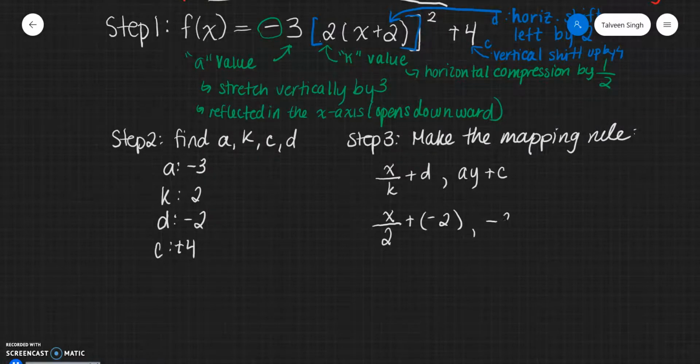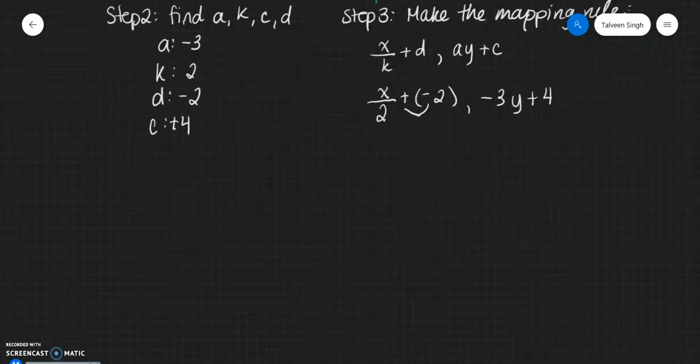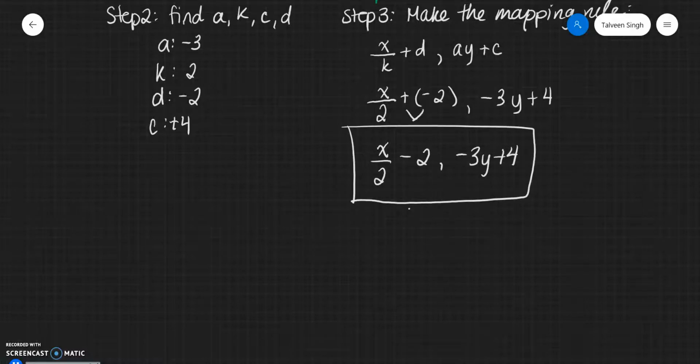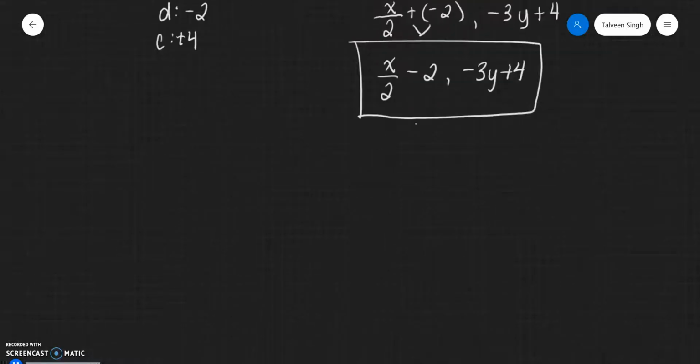A is going to be negative 3, y plus 4, right? Here, a negative and a positive turn into a negative, so I'm just going to write that in so that it's a little bit more simplified. So it would be x over 2 minus 2, negative 3y plus 4. This is going to be my mapping rule for my function.